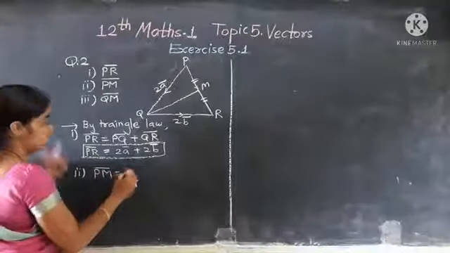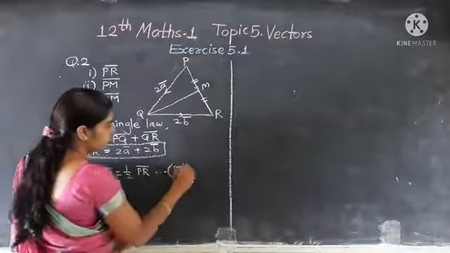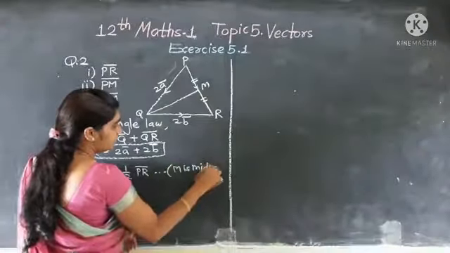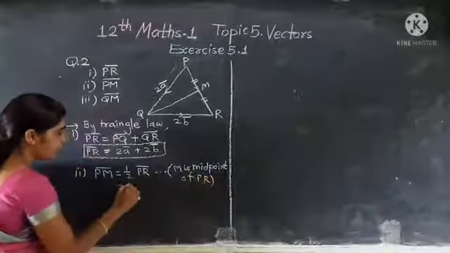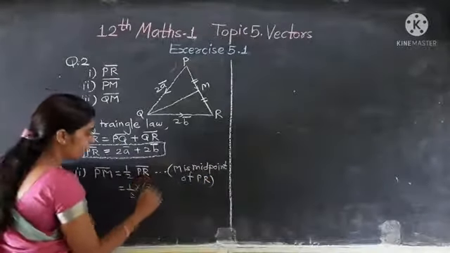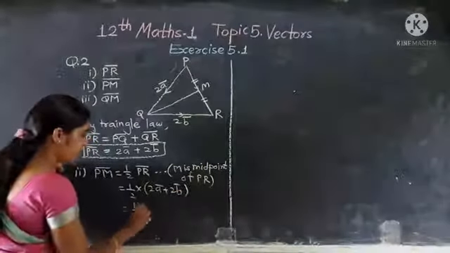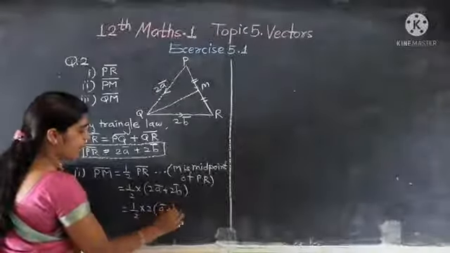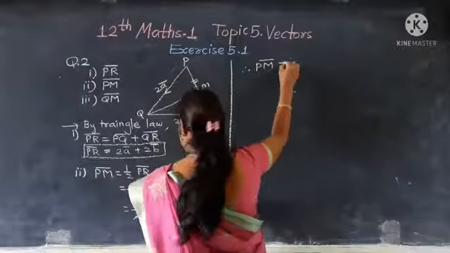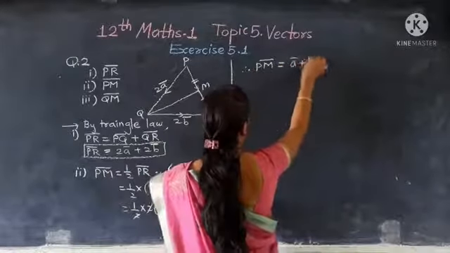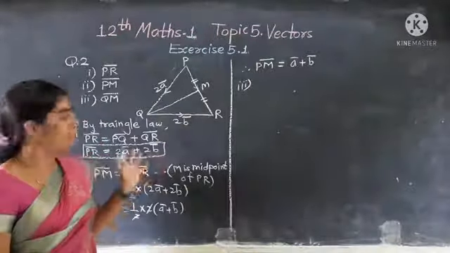PM bar is equal to half PR bar because M is the midpoint of PR. So we get half into 2A bar plus 2B bar. You take 2 common: half into 2 into the bracket A bar plus B bar. The 2 gets cancelled. So we get PM bar is equal to A bar plus B bar.